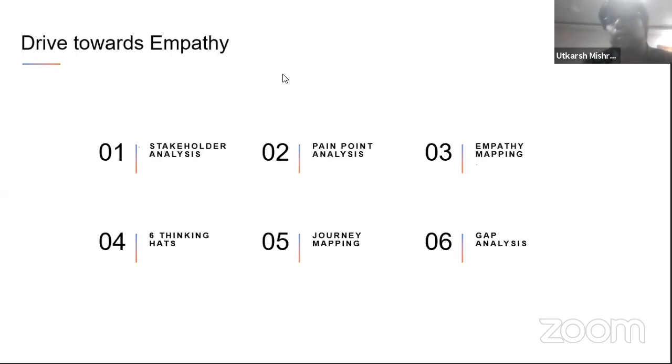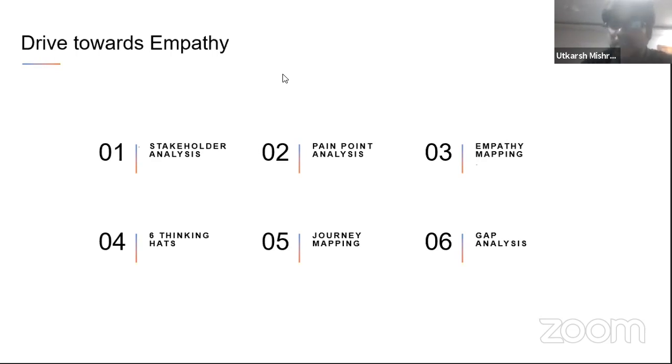Journey mapping is nothing but understanding the entire end-to-end journey of the people for whom we are trying to solve this problem. When I say end-to-end journey, it starts with understanding their need, understanding how those needs were getting fulfilled before this COVID lockdown happened, and understanding the different ways through which these needs were fulfilled, even when the time was very well settled and when things were moving very well.